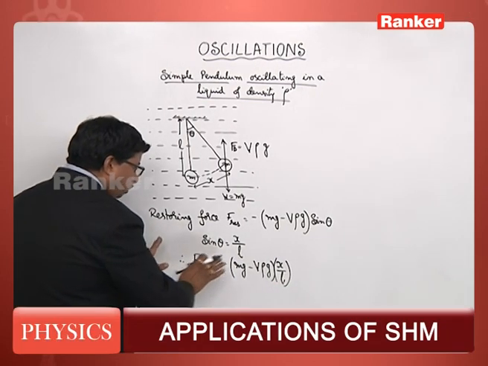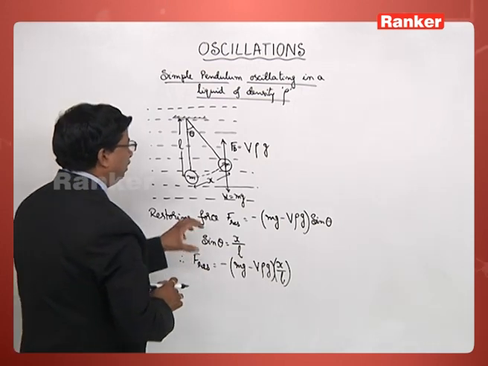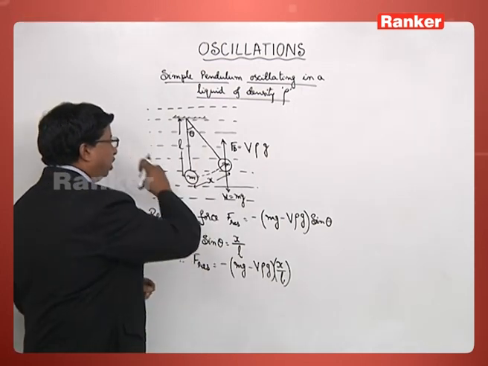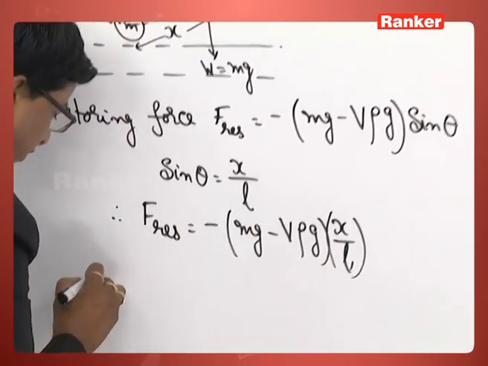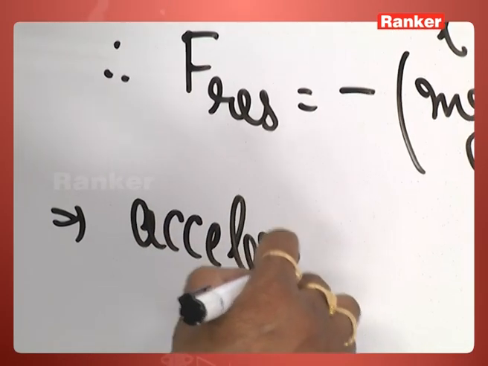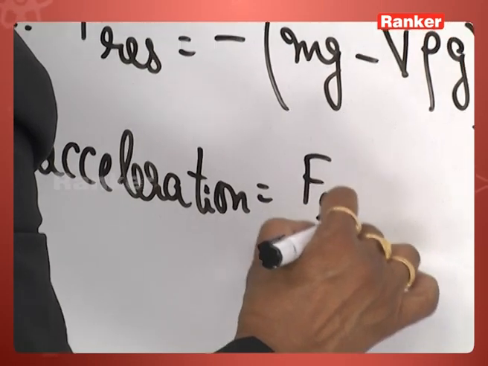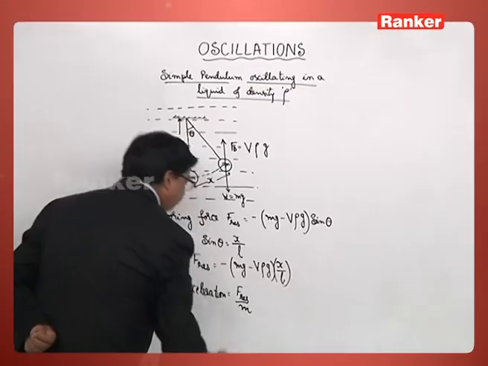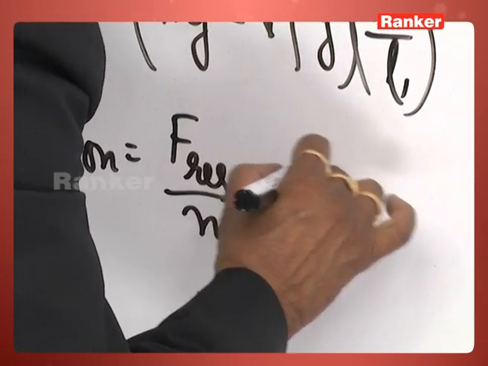But when we know this is the restoring force, what would now be the acceleration of that bob inside the liquid? So we can write that acceleration now becomes restoring force divided by mass. So what would be that value now?